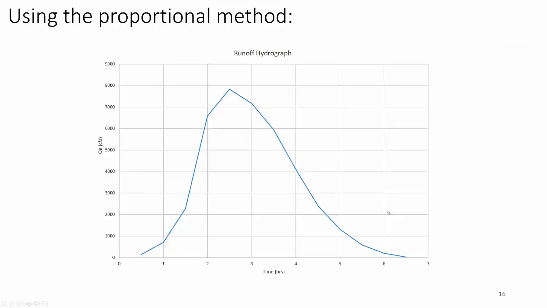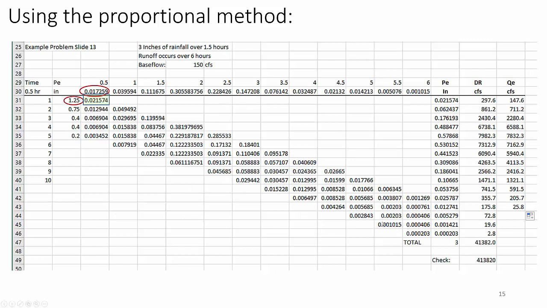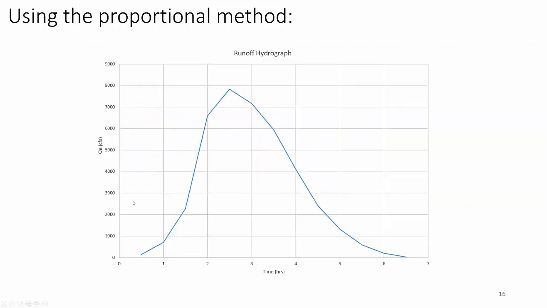We now have a runoff hydrograph with a peak flow right under 8,000 cubic feet per second at 2.5 hours, for a 3-inch rainfall event over 1.5 hours, which is an extreme rainfall event. So now we have simulated a runoff hydrograph based upon information from a unit hydrograph and a synthetic rainfall event, a potential rainfall event.